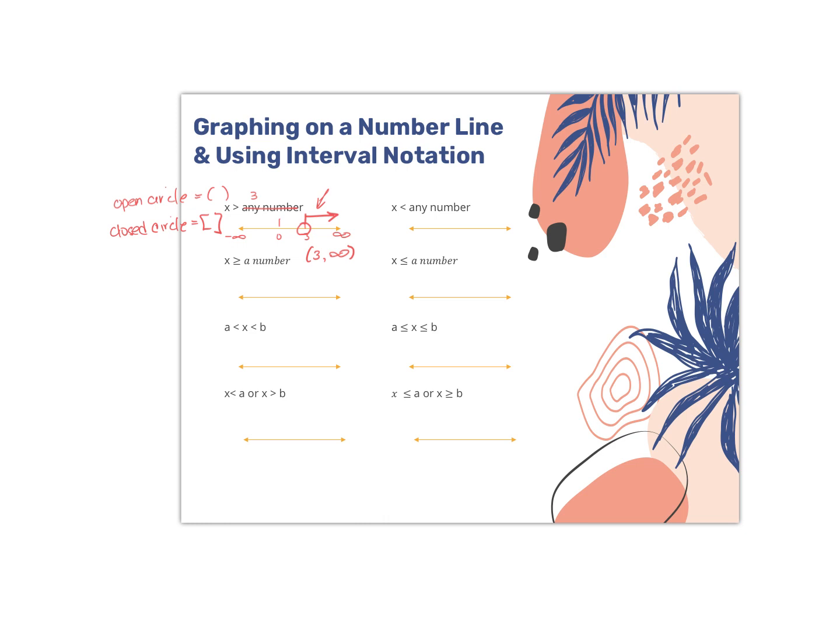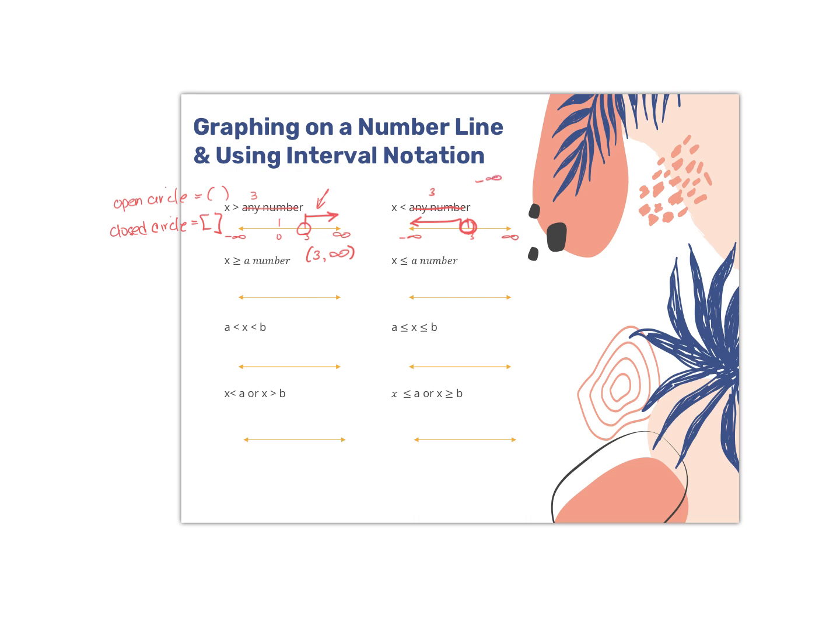So if it says x is less than any number, again, let's do 3. So here's 3, here's negative infinity, here's positive infinity, and if x is less than 3, then we're going to have an open circle at 3, and we're going to shade all the way to the left. So in interval notation, we always go from smallest to biggest, or left to right.